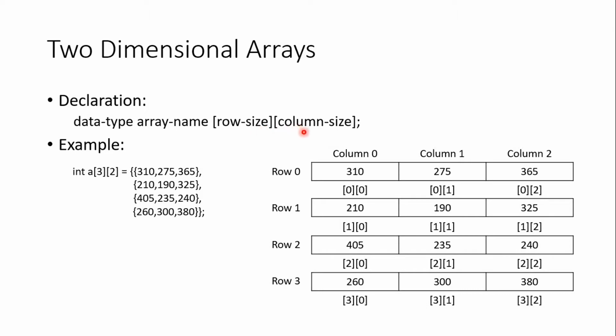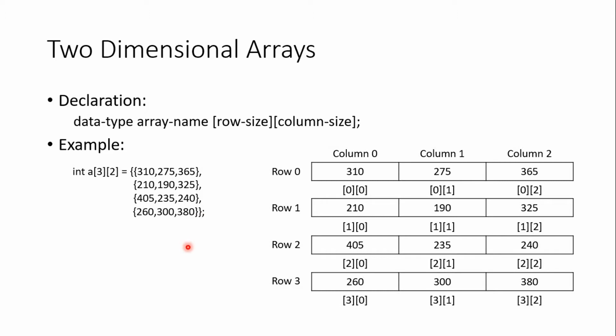Similar for column size. Here is an example. If we want to declare a matrix of size 4 cross 3, then we can declare in C like this: int A[3][2], and we can put the values like this.